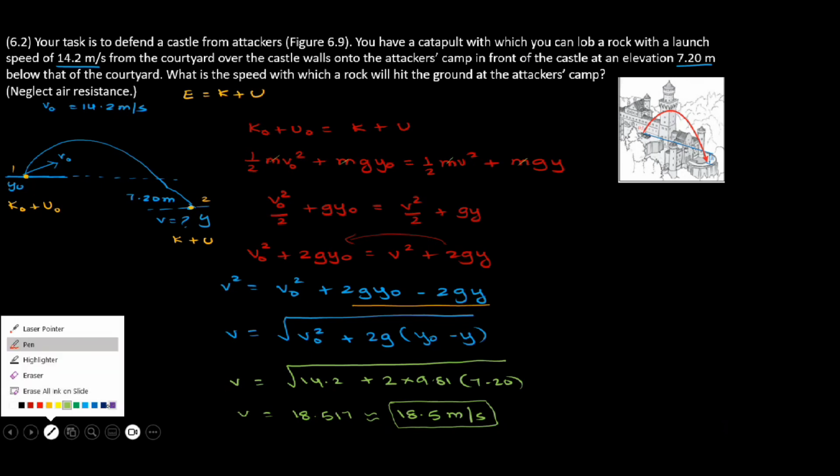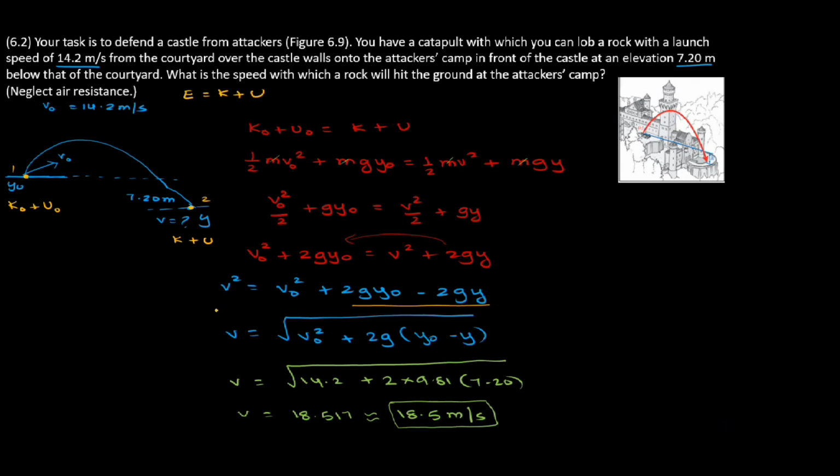Now this expression that we arrived at for velocity is an important expression. Whenever you have any question where an object is falling or thrown between two heights, or you need to calculate the final or initial velocity between any two heights, you can always use this expression, which I like to call impact velocity.